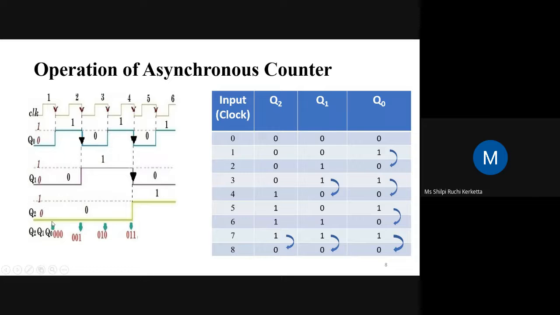So we will give a 0. So it doesn't change with this clock. It will change with this clock. Okay. So whenever the change comes, the first negative edge triggering comes. Only here this will change. So it will become our 1. So this is how we are getting Q0, and this is how we are getting Q1, and this is how we are getting Q2.